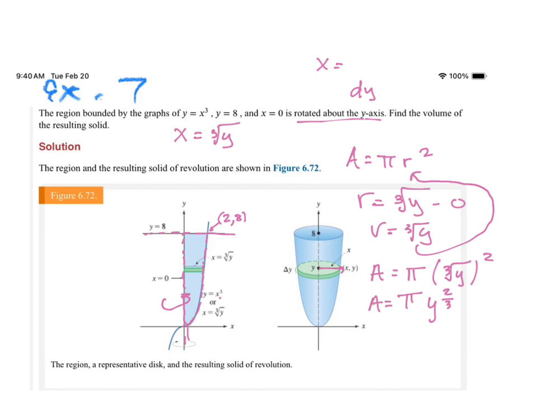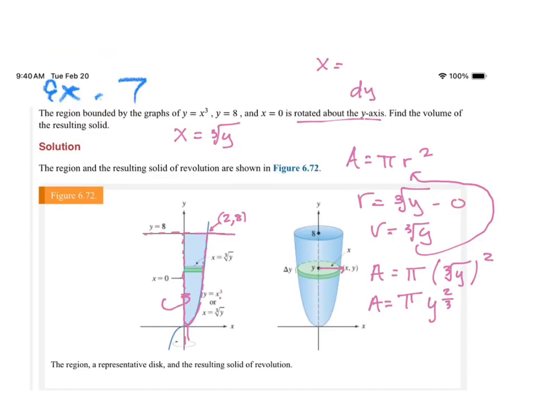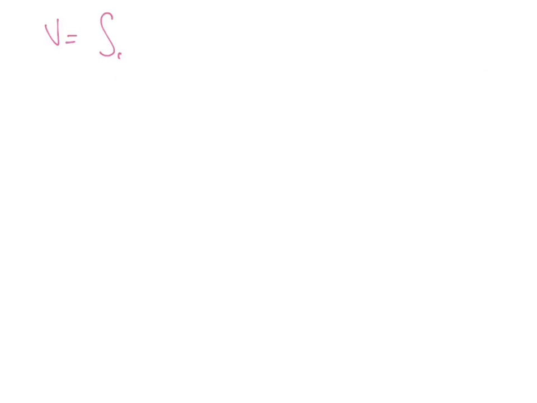Now we want to go into volume. So volume is going to be the integral from, and we're in y, so we're going to go from bottom to top, 0 to 8. From 0 to 8. Otherwise, we could have gone from 0 to 2 if we were going left to right. We've got a pi in front, and we had y to the 2/3 power as our function.